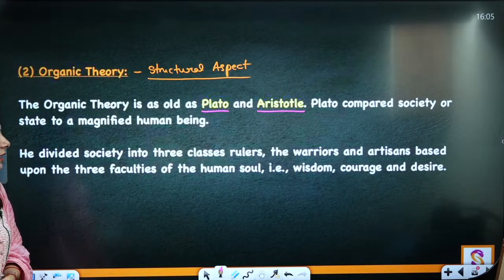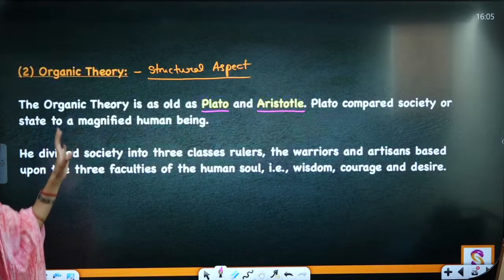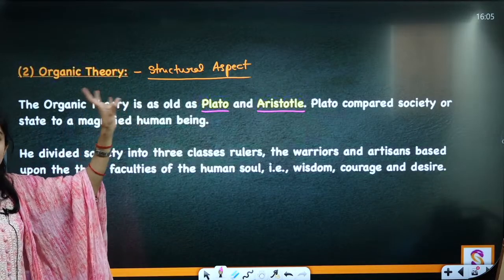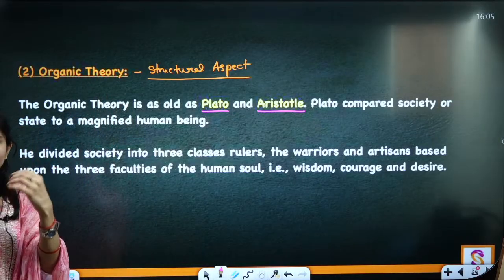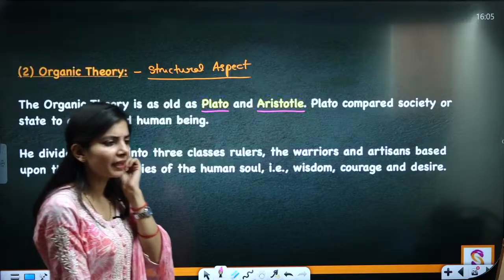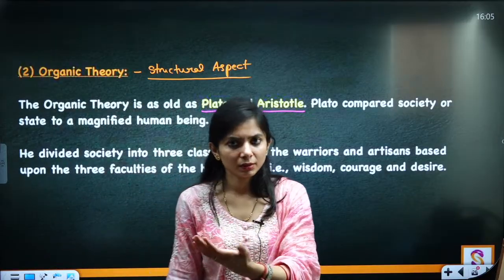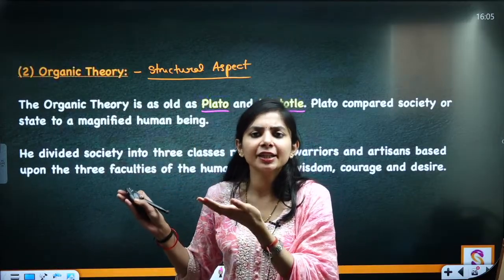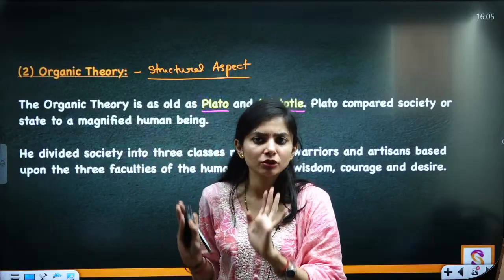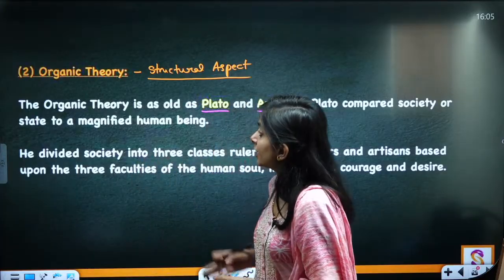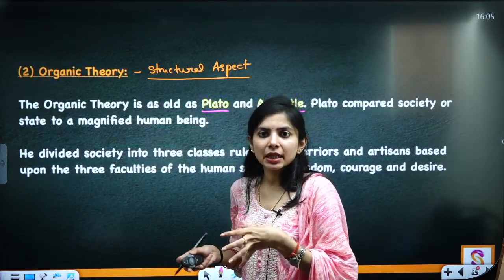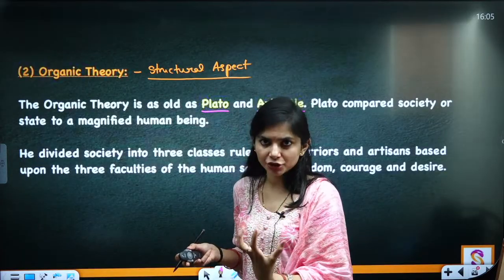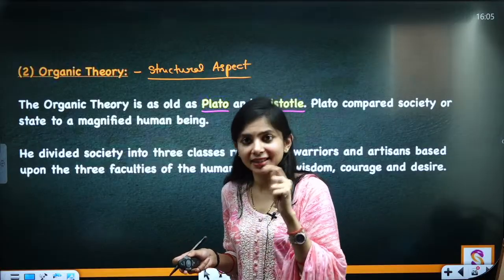Now, there is a basic central idea related to the structural aspect of society and the nature of society. They said that society was a result of a structure, and this structure is necessary.